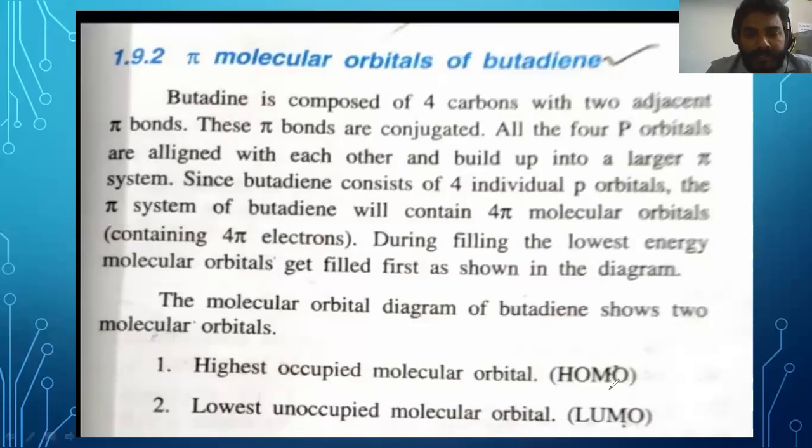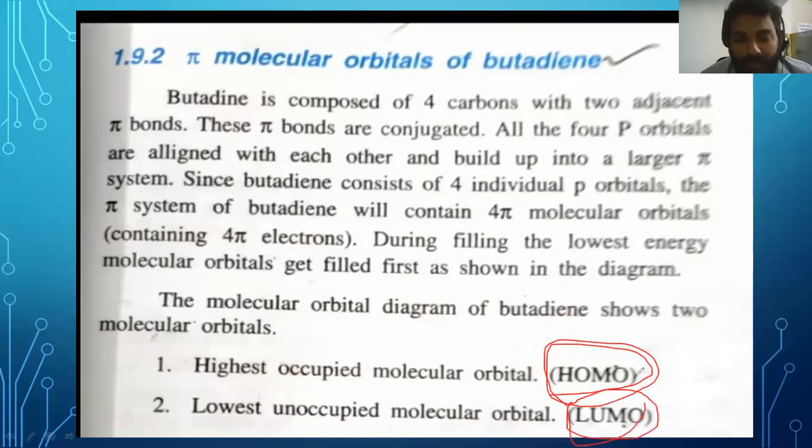HOMO means the bonding orbital where more electrons are settled. LUMO means the lowest unoccupied molecular orbital, the anti-bonding level with the fewest electrons. Unoccupied, that is LUMO.